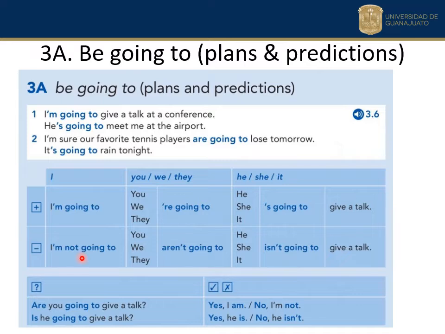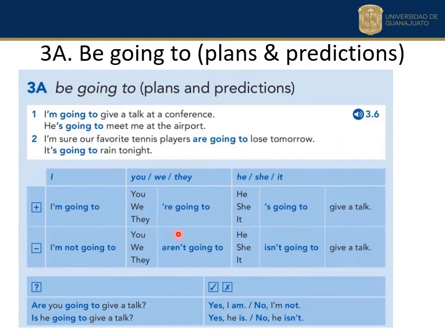If we're talking about you, we or they, lo único que cambia es the verb to be, que ya lo conjugamos y sería are, pero aquí también está la contracción, entonces es el apóstrofe R-E. You're going to, we're going to, they're going to.